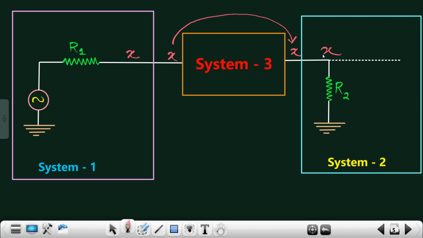I hope you are getting this point. That means we are basically avoiding this voltage divider rule. For that we design one system which ensures that whatever signal is delivered by this source, the same signal gets reflected to system 2, that is our amplifier. Great. And it can only be done with the help of a buffer amplifier.